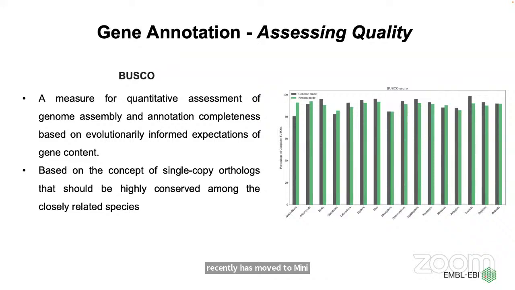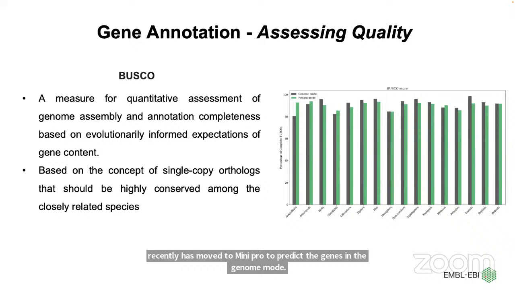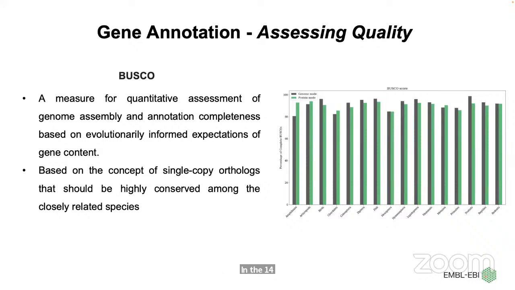In the protein mode, the input required is your annotation, which is protein sequences, and then it compares these set of protein sequences against the hidden Markov models for all the different lineages and assesses how complete the gene set of your target genome is. It provides a completeness score. So on the right-hand side, there is just a bar plot showing the BUSCO scores for different clades that we annotate.